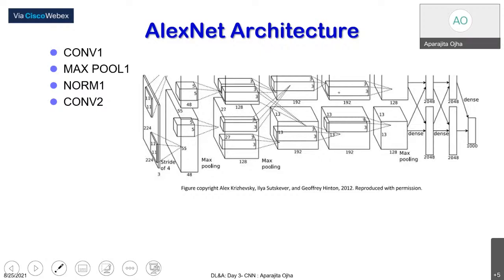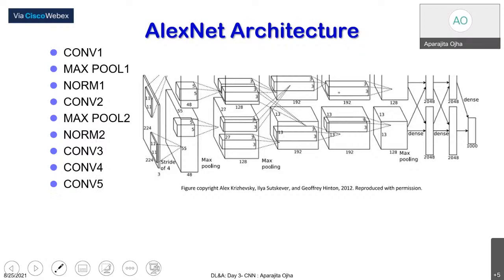Then it used a second convolution layer, max pool, and the third, fourth, and fifth convolution layers. So it used 5 convolution layers, as you can see here. After that, it used a max pooling layer and then 3 fully connected layers.